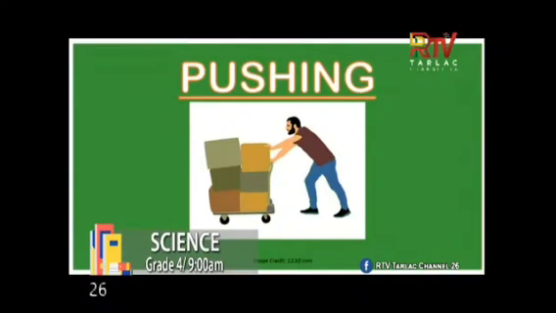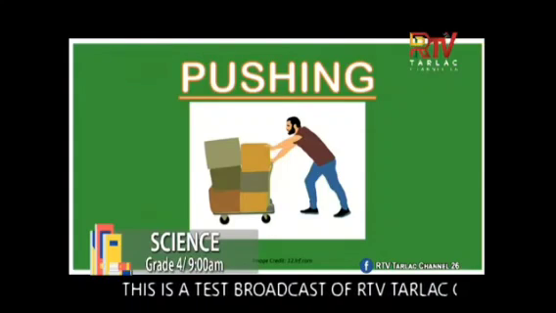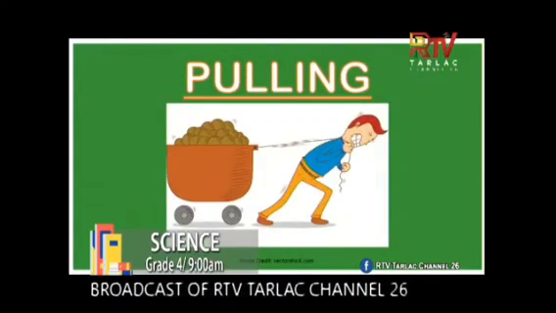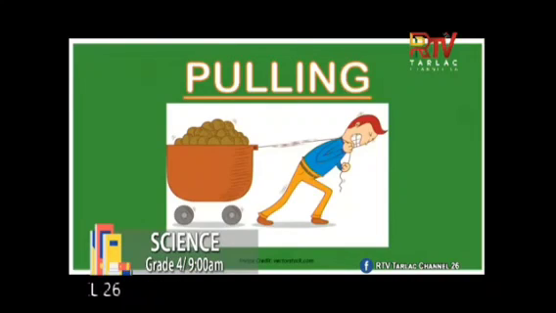Pushing is to press against something with steady force or to exert force on something in order to move them away. Next is pulling. Pulling is to exert force on something so as to cause movement toward oneself.